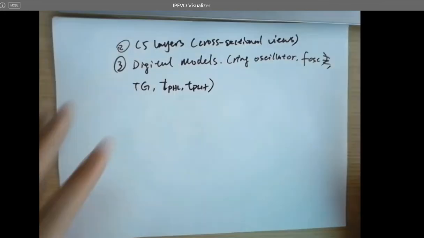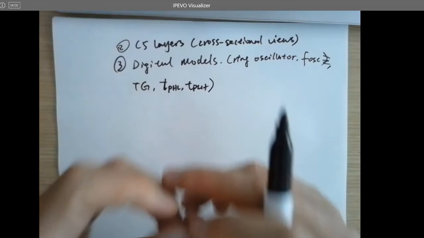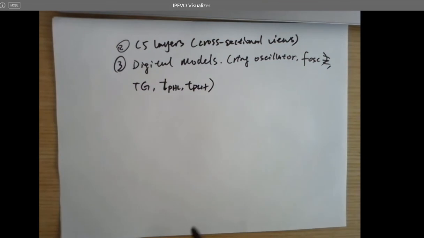And the question can be a little bit different. For example, if I ask you, I need this kind of frequency to drive the circuits, can you design a ring oscillator to implement it?